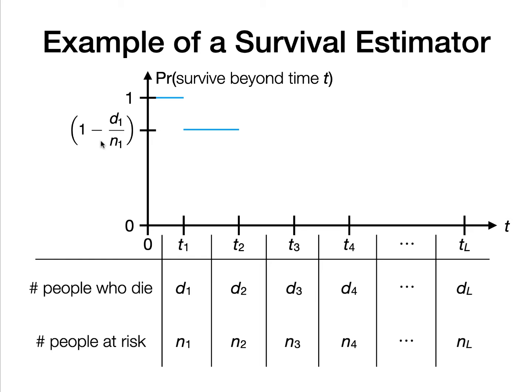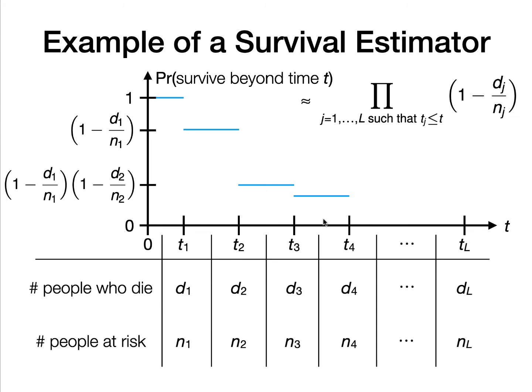And using this same logic, when we get to time t2, the probability of surviving that is going to be the probability of surviving from time 0 to t1, which is this first 1 minus d1 over n1 term, times the probability of surviving from t1 to t2, 1 minus d2 over n2, and so forth. In general, the equation looks like this.